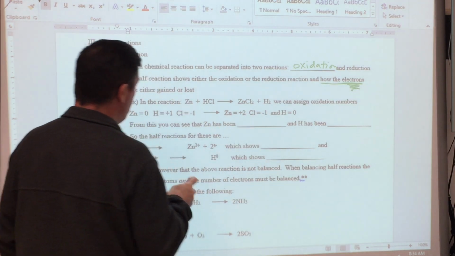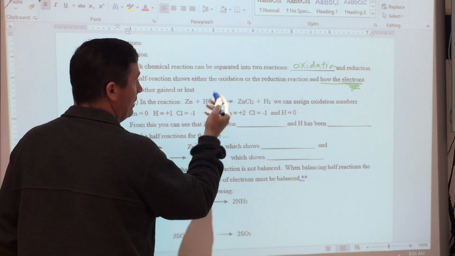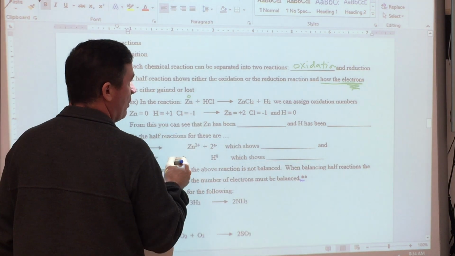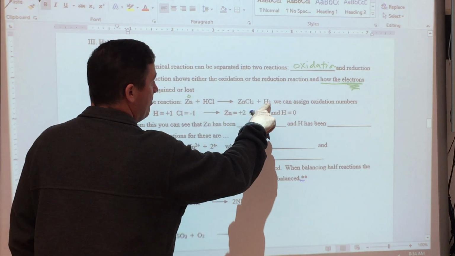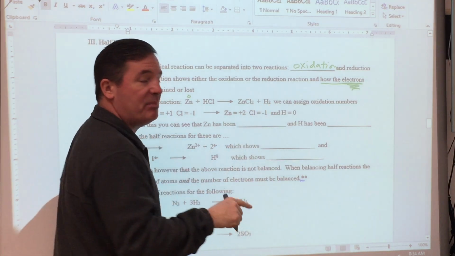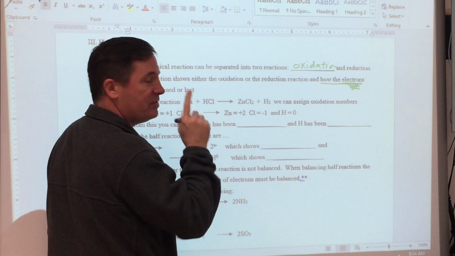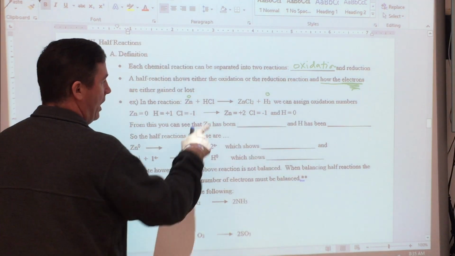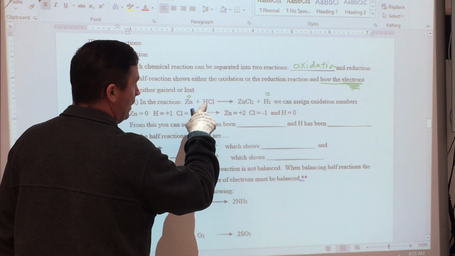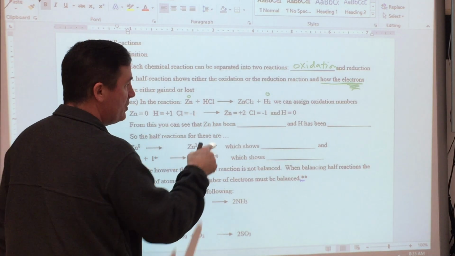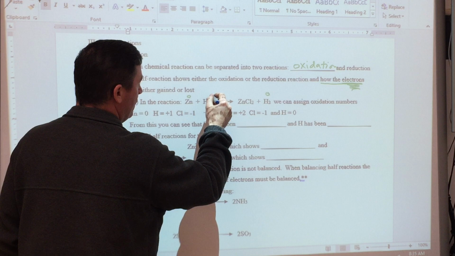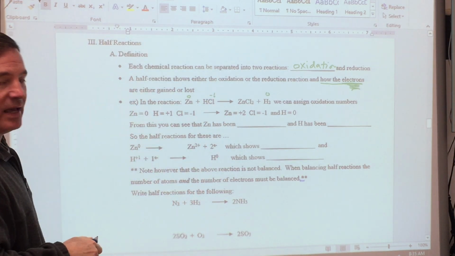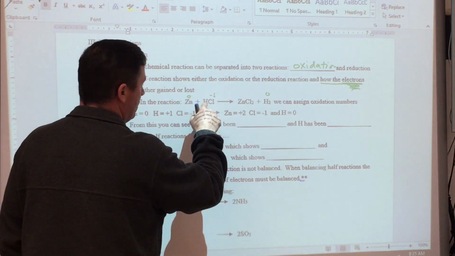So the first thing that I'm going to do is assign oxidation numbers. Any atom by itself, including bonded with another atom of the same element, is going to be 0. Hydrogen is either +1 or -1, and you can look that up in your CRT. And chlorine can be other things, but for the most part, it's going to be -1 when it's with hydrogen.